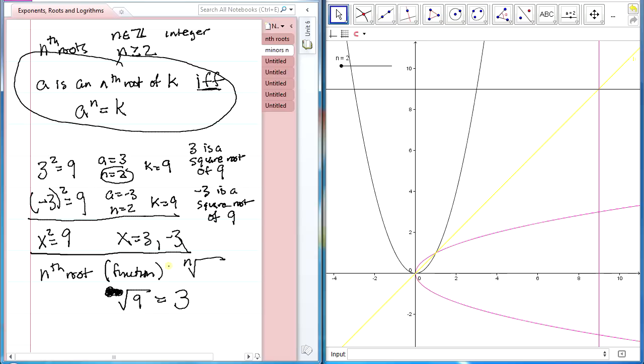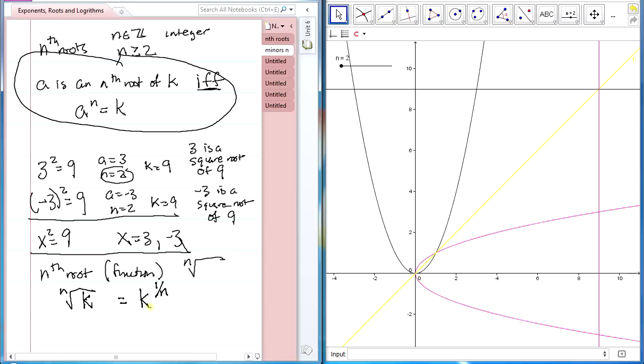Now, before we go any further and get into a little bit more detail, this is not the only way to write an nth root. Besides writing an nth root as n with a radical sign, and let's call this number k here, I can also take k and write it as 1 over n as an exponent.